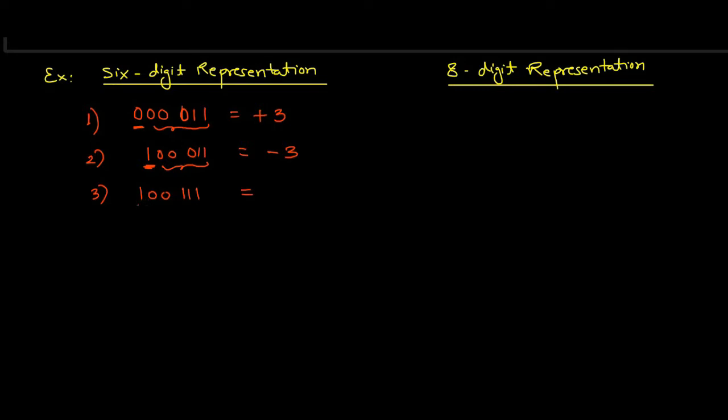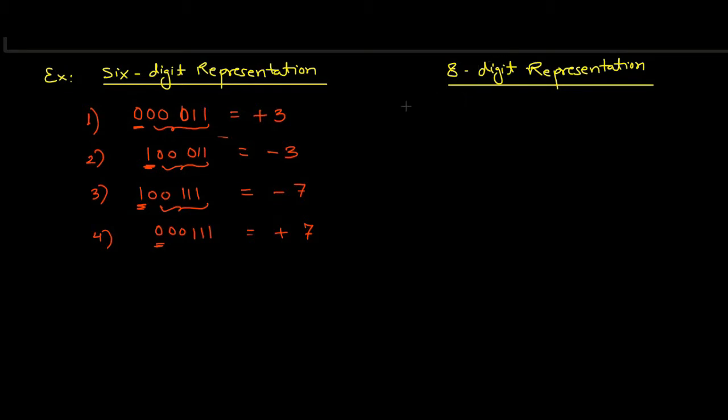Here the sign bit is 1, the number is negative, and this is 7. Next is, here the sign bit is 0, so the value is positive. So these are the 6-digit representation.